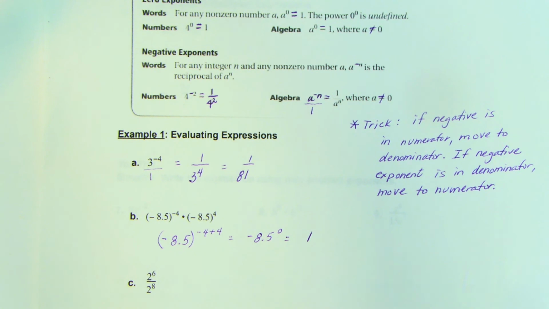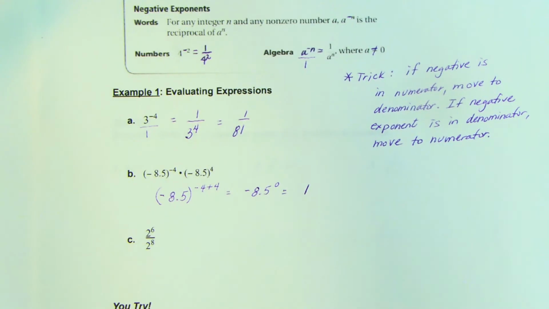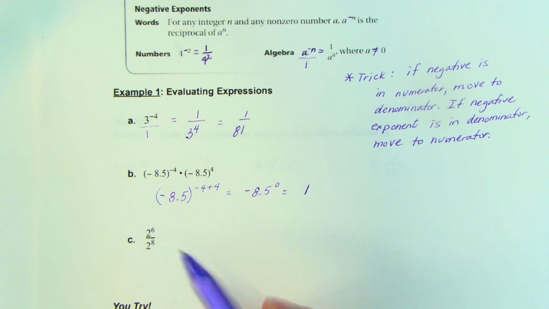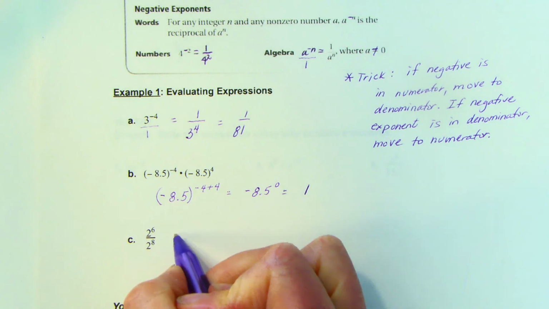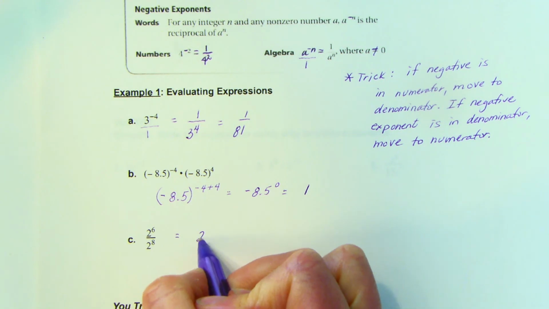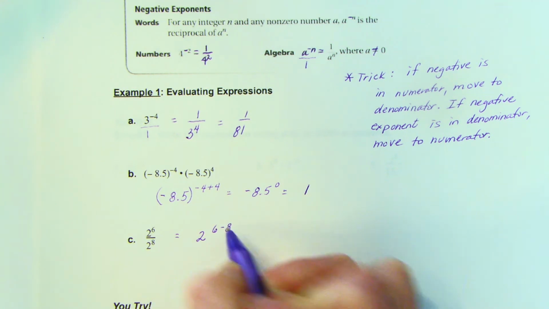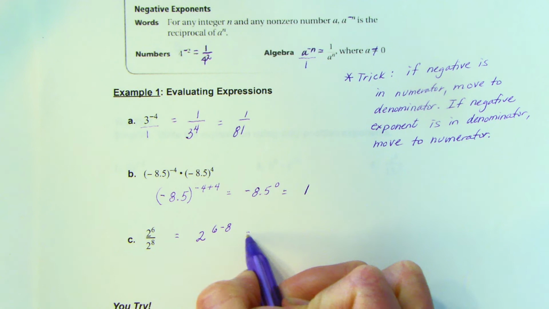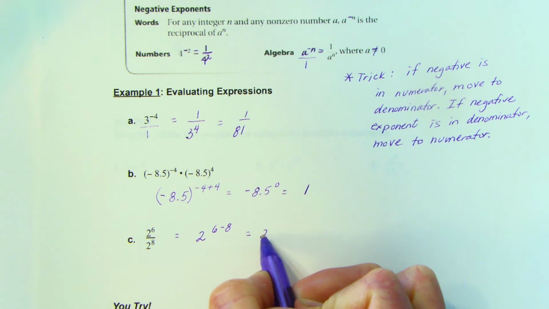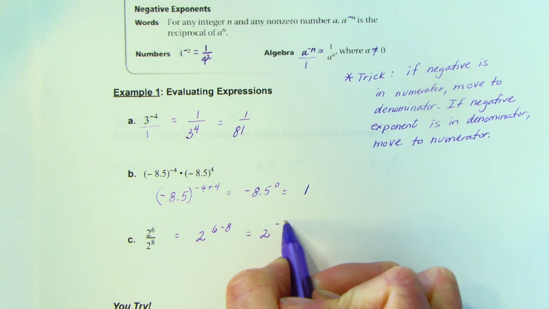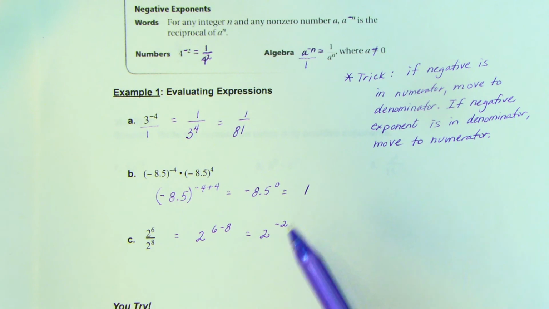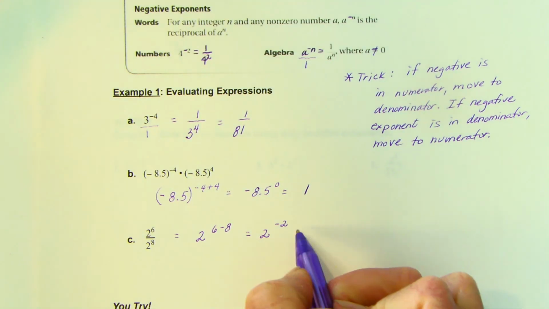Right? For C, you have the quotient of powers rule. We've got the same base, 2. So I'll have 2 to the 6 minus 8. That is 2 to the negative 2. And then by the definition of negative exponents, I'm going to write this as a reciprocal.